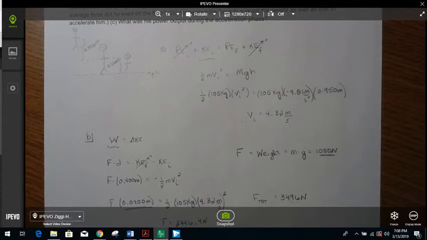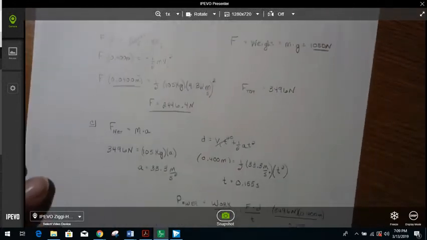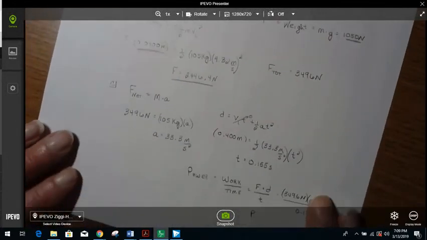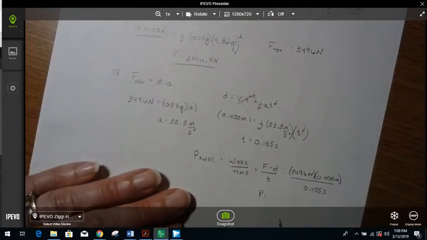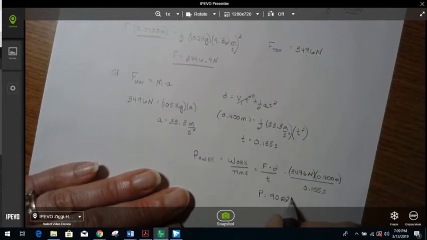The force is 3,496 newtons times 0.400 meters, all divided by 0.155 seconds. Power equals 9,022 watts.